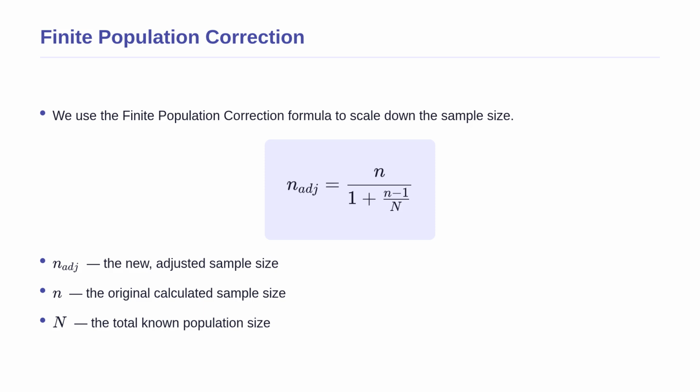The variable n is our original calculated sample size, which was 385. The capital N represents the total known population size, which in our college example is 1,000. By dividing our original sample size by a factor that includes the total population, we will mathematically reduce the number of people we actually need to survey.